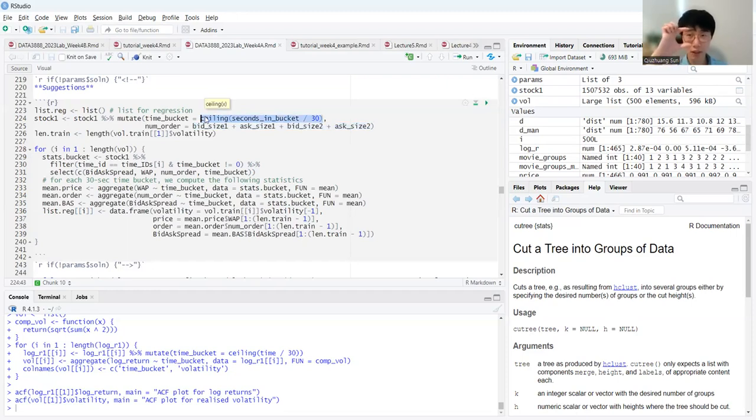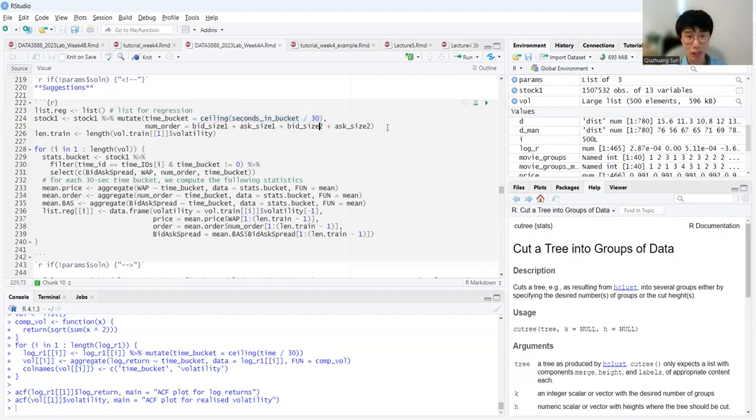If it is in the first 30 seconds, the index is 1, the second 30-second interval is 2, the third 30-second interval is just 3, something like this. It uses the same strategy as before, so that later on we can use the aggregate function to see the mean number of orders, mean weighted average prices, and mean bid-ask spread for each 30-second time interval.